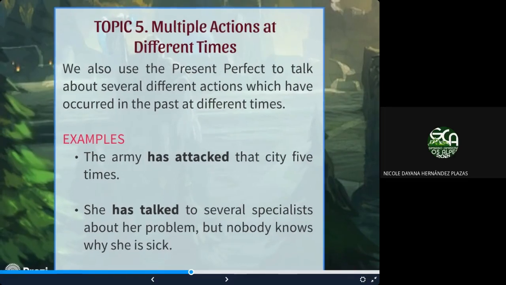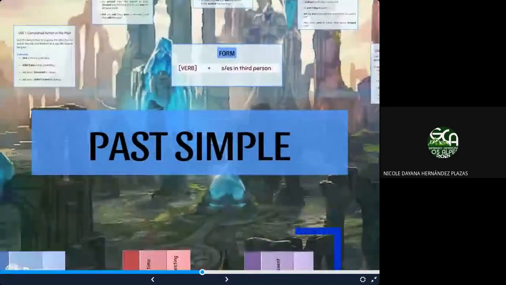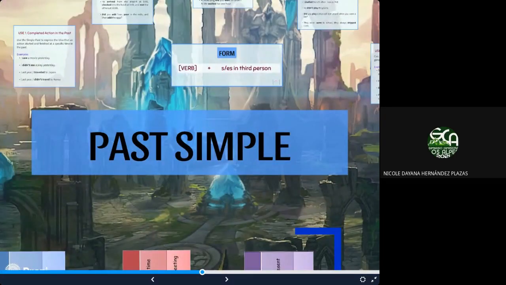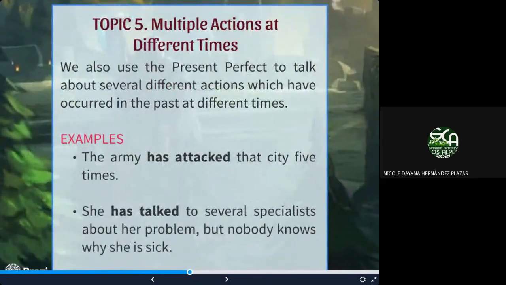No? Okay. Now let's talk about past simple. But before doing this, I want you to stand up, todos stand up, and move yourself a bit because you can't sit there like, stand up, move your body. So everybody, stretch yourself, move your arms, move your legs, stretch your body, please.